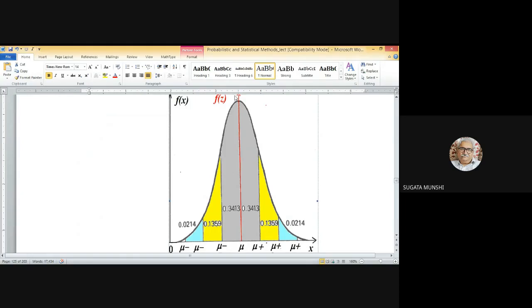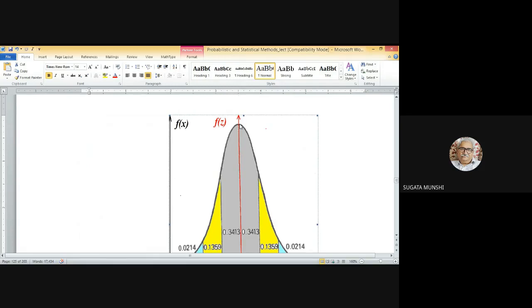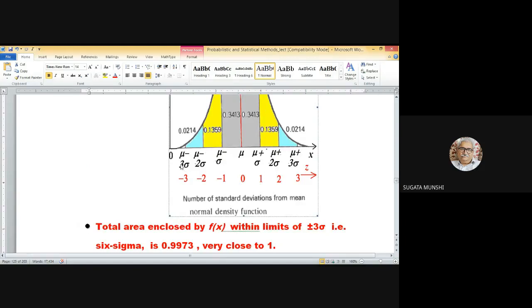When this ordinate axis is marked in red, it represents small fz. So I have labeled it in terms of x as well as in terms of z here. X equal to mu minus sigma to mu plus sigma means z equal to -1 to +1. X equal to mu minus 2 sigma to mu plus 2 sigma means z equal to -2 to +2. X equal to mu minus 3 sigma to mu plus 3 sigma means z equal to -3 to +3.